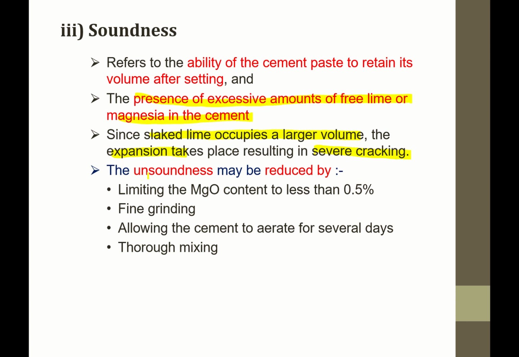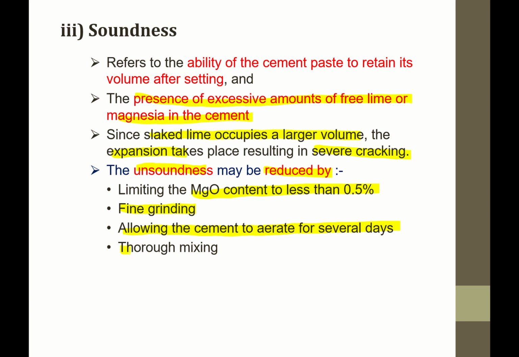The unsoundness, what we want is soundness, but unsoundness may be reduced by limiting the MgO content to less than 0.5%. And of course, that is still related to fineness. So you need finely ground cement, and then you must allow the cement to be aerated for several days.